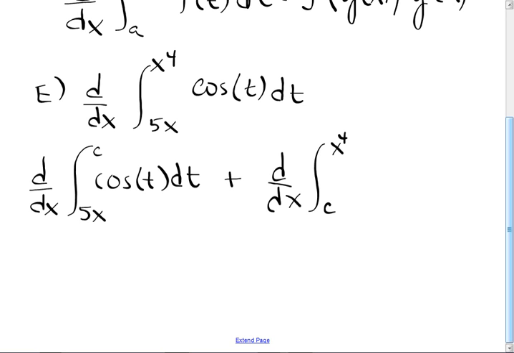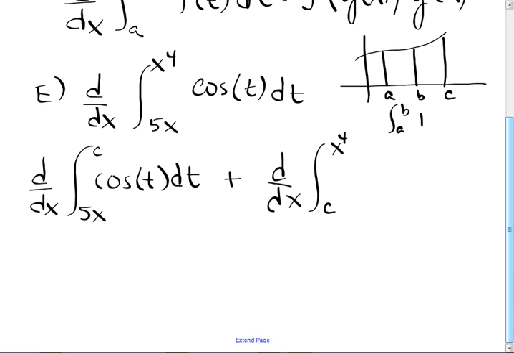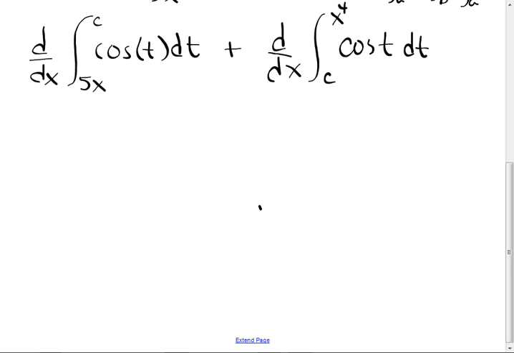Because remember, when we find the area from A to B plus B to C, I get the area from A to C. And this is cosine of t dt. Now, I've got a little problem here with the first one. My theorem starts with the constant. My theorem does not start with the variable.